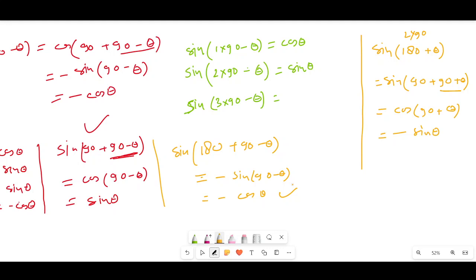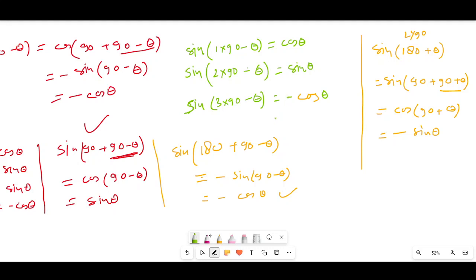Now when we try to find the value on the basis of an odd number like 3 into 90, then the ratio will change: sine becomes cos. Here, with 3, it will become cos. That is the point. But what will be the sign?